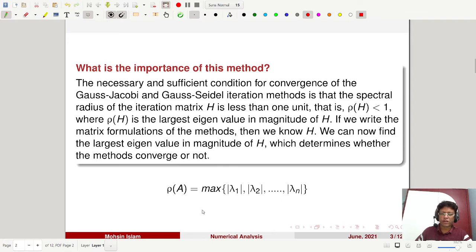That is your rho A, the spectral radius. So rho H is the largest eigenvalue in magnitude of H. If we write the matrix formulations of the methods, then we know H. We can now find the largest eigenvalue in magnitude of H, which determines whether the methods converge or not. So the largest eigenvalue will give you the idea whether the method will converge or not.